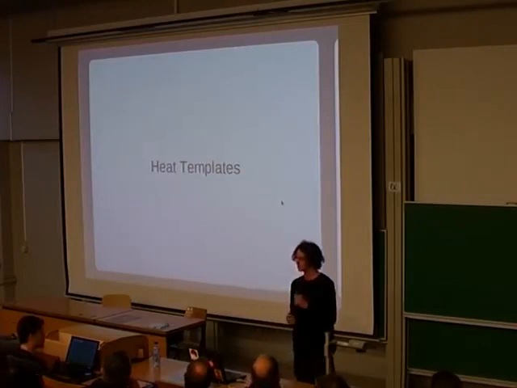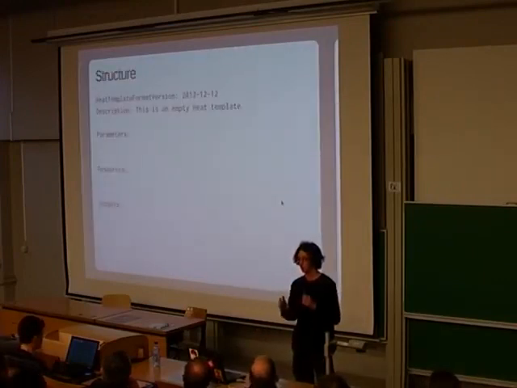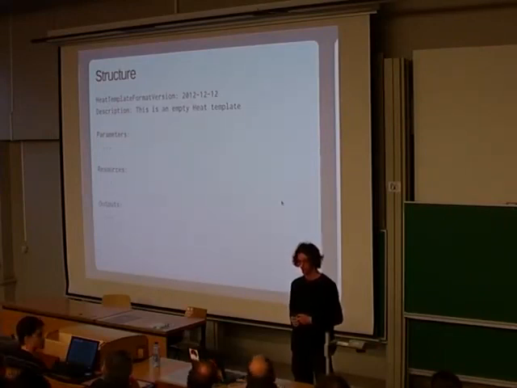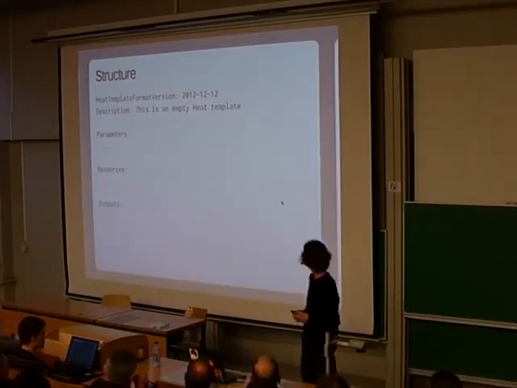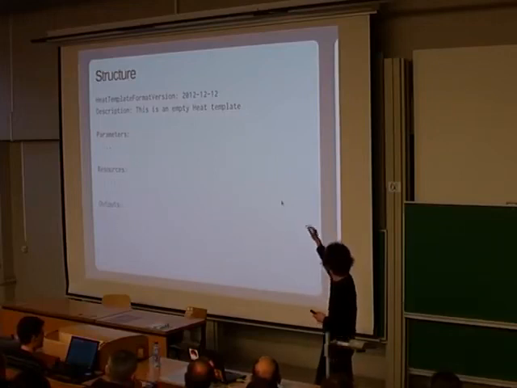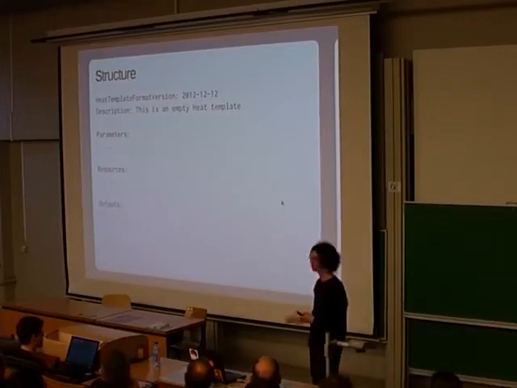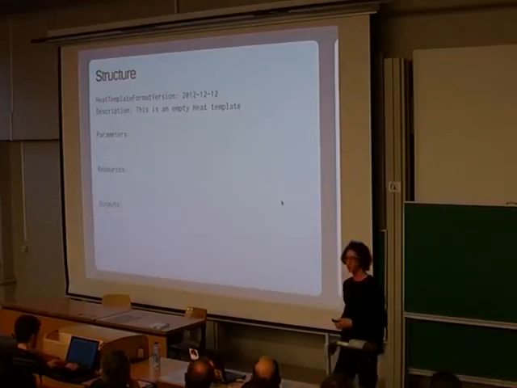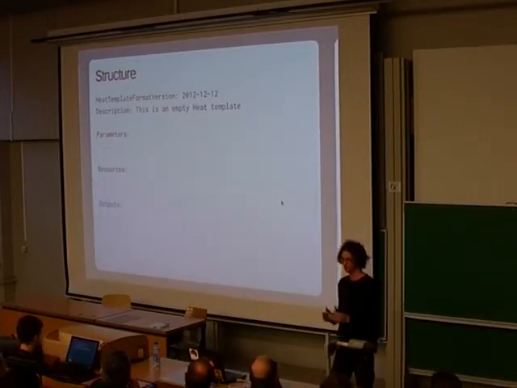Now, I'm going to show you a quick example of what writing a template for Heat looks like. I don't want to get into too many details because it doesn't work very well on the slides. The basic structure is as follows: you have a version declaration, you have a description which can be shown in the UI, and then you have 3 main sections: parameters, resources, and outputs. Parameters are for user-specified values that you want to enter when you're launching the template.